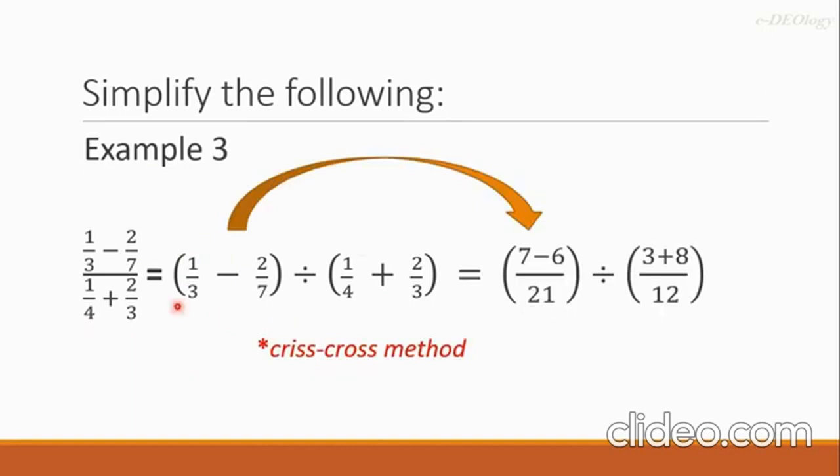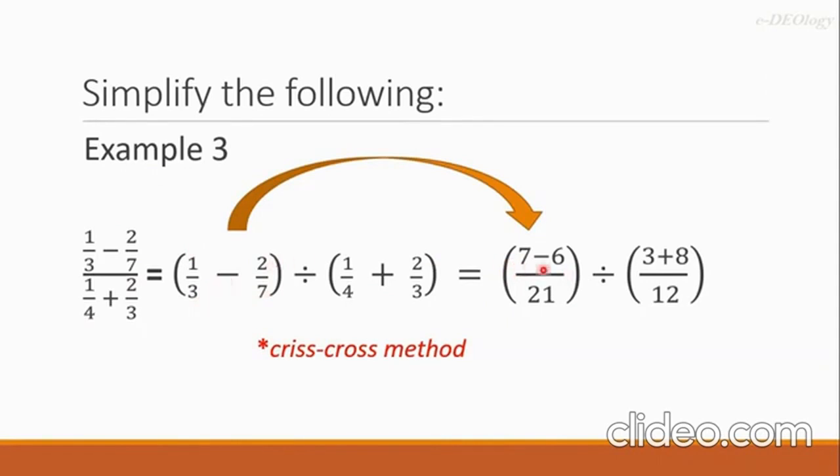So for the first group, I'm going to use the crisscross method to solve this. So this is 1 multiplied by 7 gives me 7, and then 3 multiplied by 2 gives 6. Of course, the sign is subtraction.